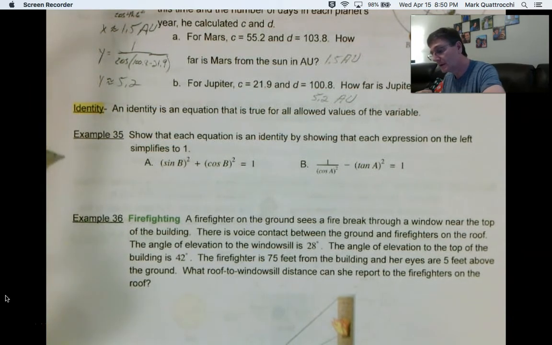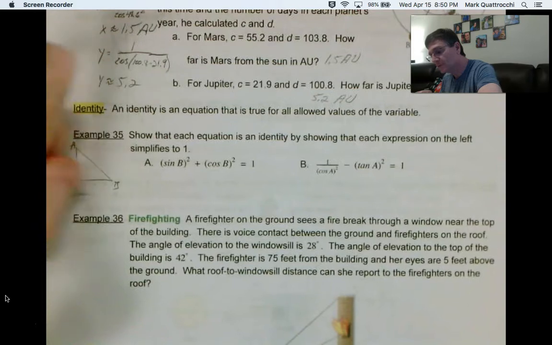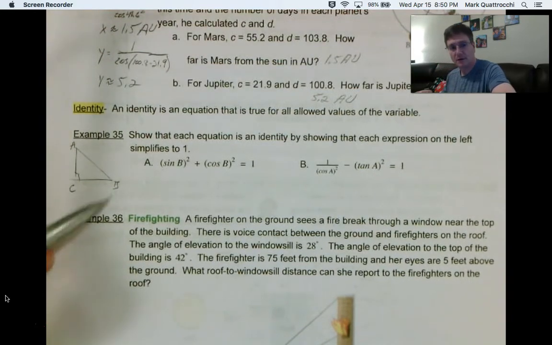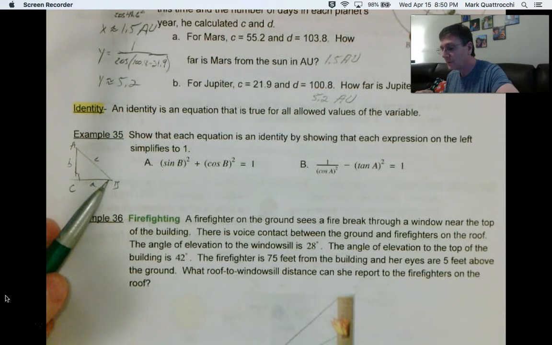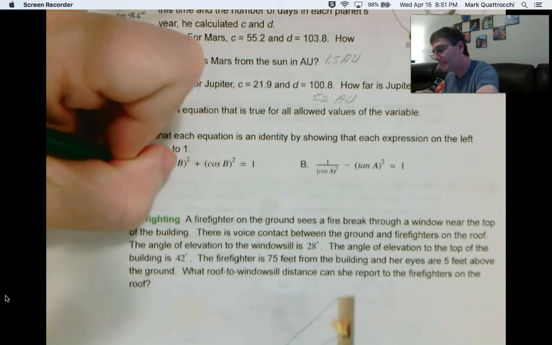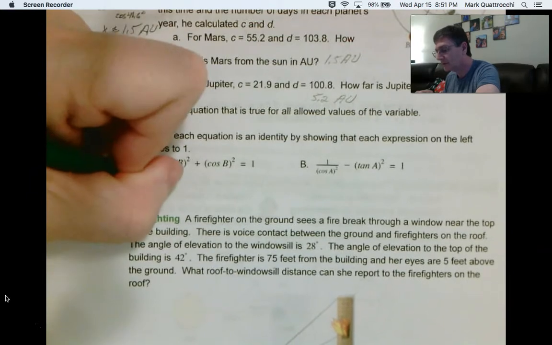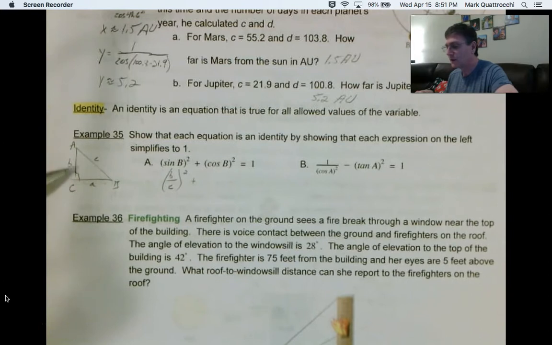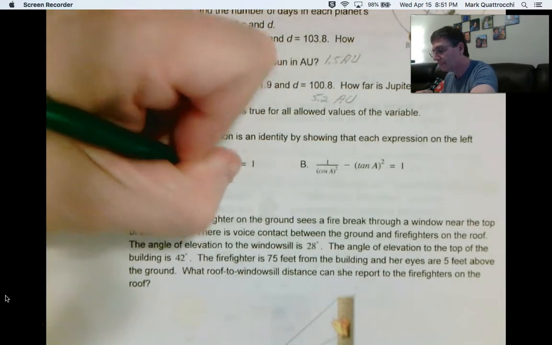So let's take a look at our diagram. I mentioned earlier, not sure if it was in part 1 or part 2's video, that if we have a triangle ABC, little a is always the side opposite angle A, little b is the side opposite angle B, and little c is the side opposite angle C. So sine of angle B is little b over little c, squared, plus cosine of angle B is little a over little c, squared, equal to 1.